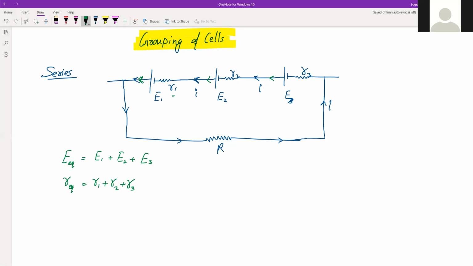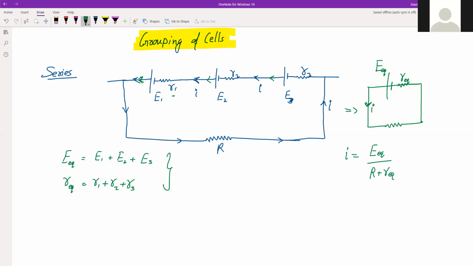So I can write an equivalent circuit where all these can be replaced by only one cell, having its equivalent EMF and equivalent internal resistance. Now, what will be the current equation? Current will be equal to E equivalent divided by R plus R equivalent.